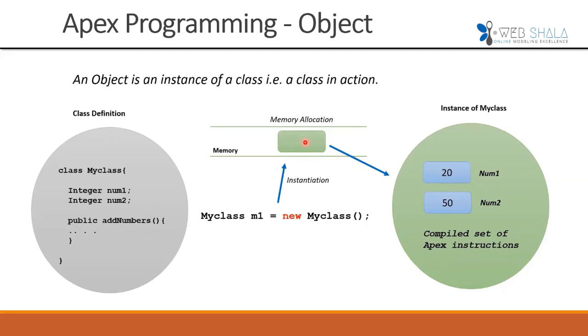We allocate one memory, and whenever we create an object, we perform the operation I have written inside the class, adding two numbers: 20 plus 50 equals 70. That has been done inside this memory. Once the operation is done and they have returned the 70, the garbage collector will collect this memory and the memory will be free.